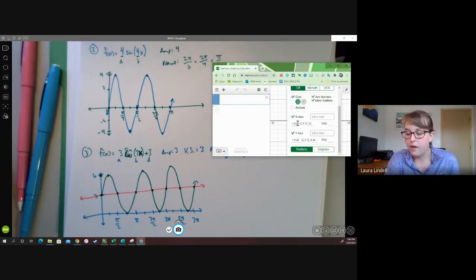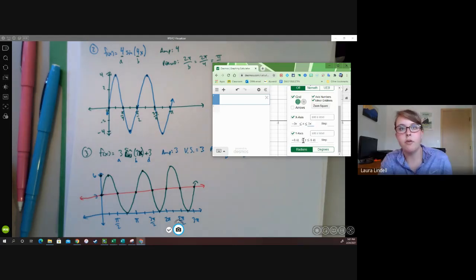But if your period is pi, then you're probably going to want to scale it by pi over 2 or pi over 4. So the x-axis, we're going to go from negative 2 pi to positive 2 pi, just as kind of a standard starting place. From there, you can change how you would like it to scale and stuff like that. But this is generally a good starting location, negative 2 pi to positive 2 pi.